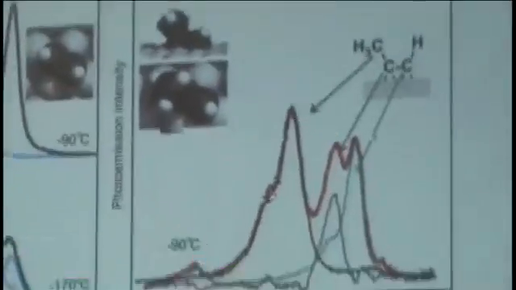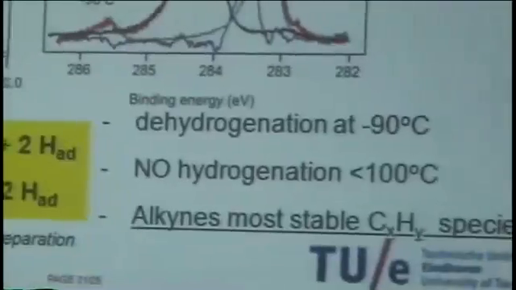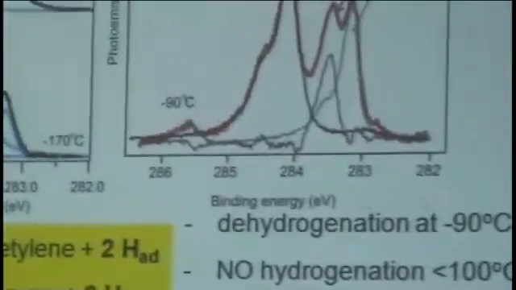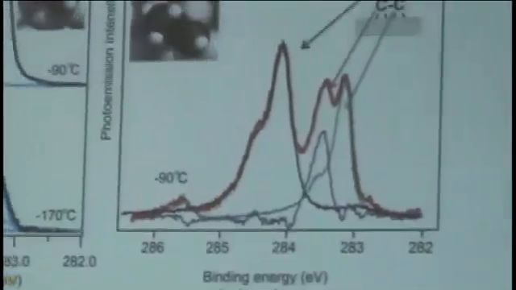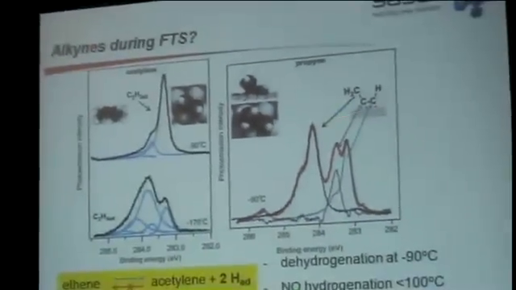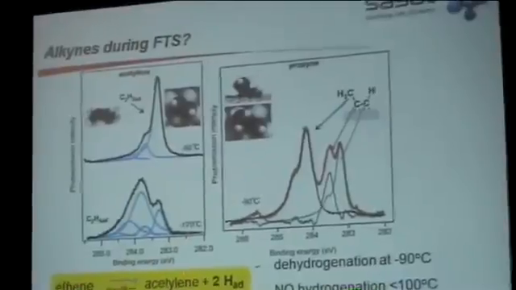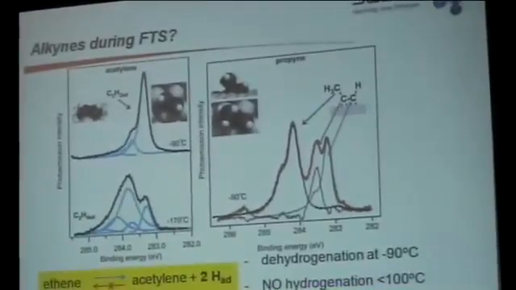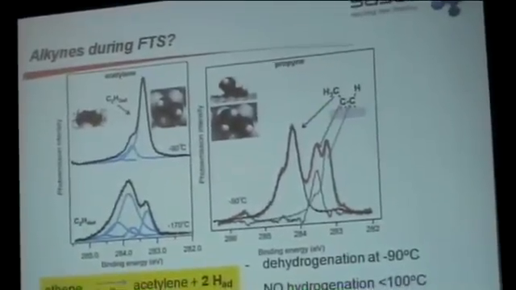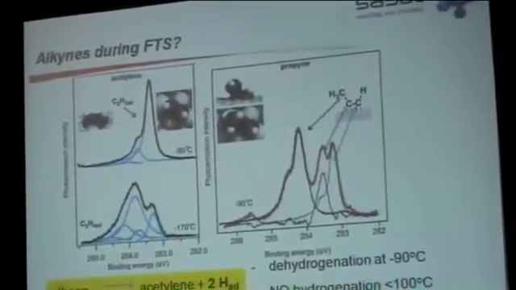I can't explain here how we can prove that it's propyne, but you have to believe me on this, that you find the propyne species experimentally also, at exactly the same temperature where you find the acetylene being formed. So the experiment also tells you that the alkyne species are actually the most stable CxHy species that you can have on a cobalt surface.